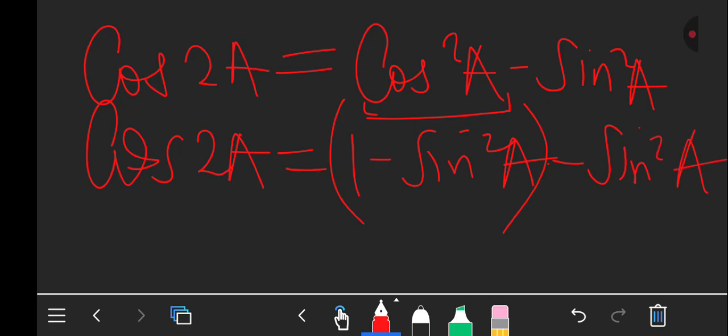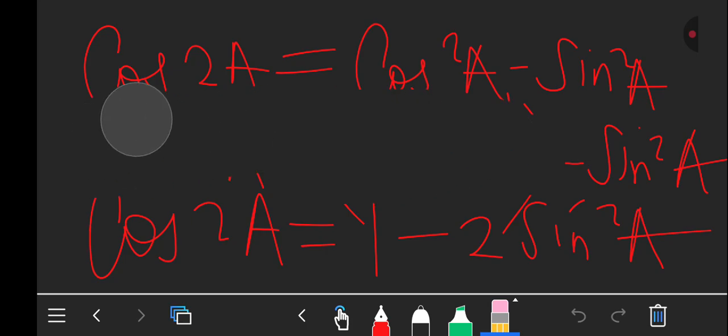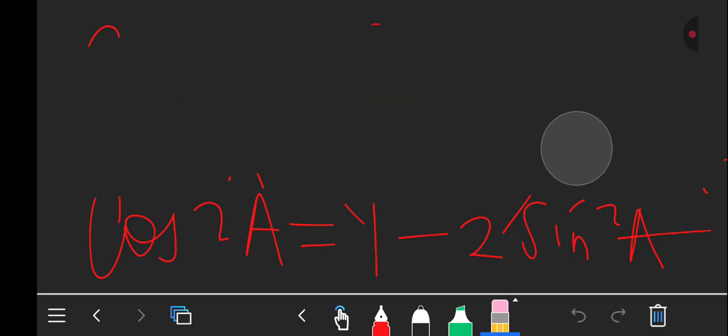Now at this point, we can do our algebra. So cos 2a is equal to 1 minus sine squared a, negative sine squared a minus sine squared a, that is simply negative 2 sine squared a. Now let's derive the half angle for sine. So how are we going to derive it?